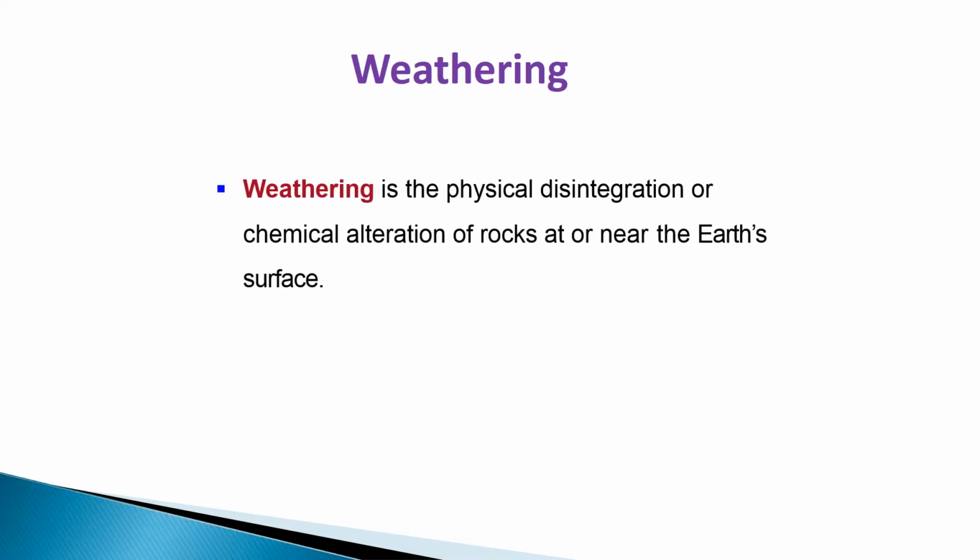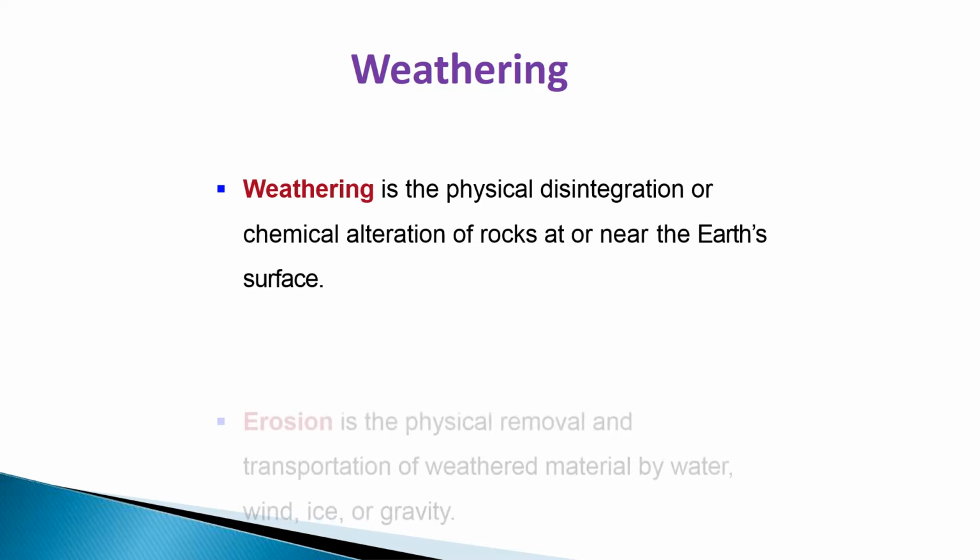So weathering is a process that we can define as a physical disintegration or chemical alteration of rocks at or near the earth's surface. Everything that's happening to these rocks closer to the surface of the earth by factors like wind and rain, as we will talk about later, we call weathering.